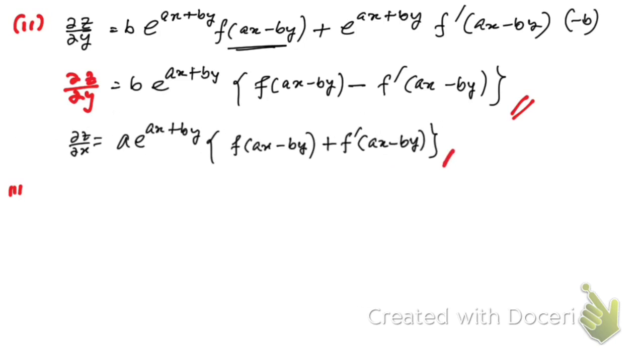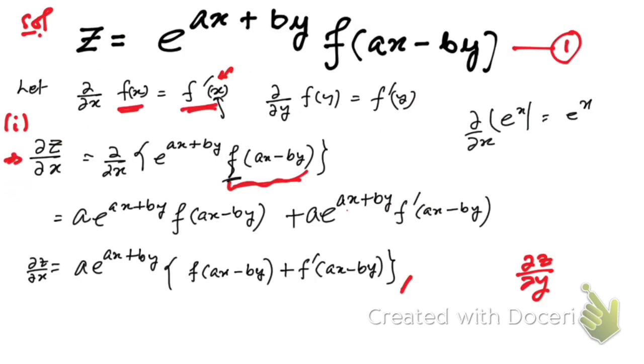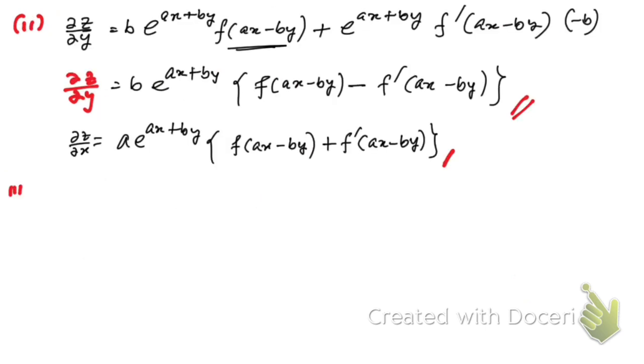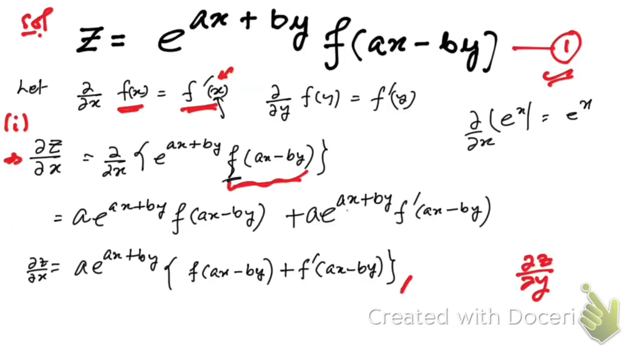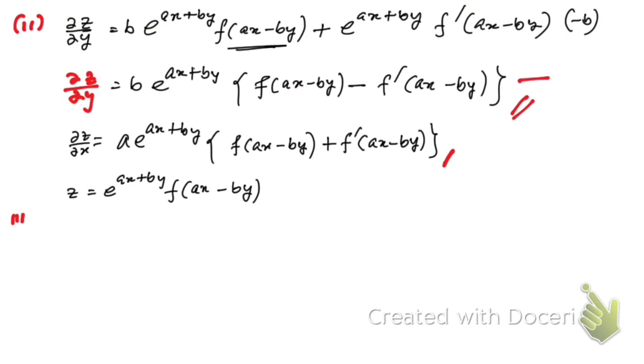This one, first one, right? And also we need this equation number 1 as well. What was that? Equation number 1 was z is equal to e to the power ax plus by into f of ax minus by. We need all these 3 results. So this is equation number 2, and here you see this is equation number 3.